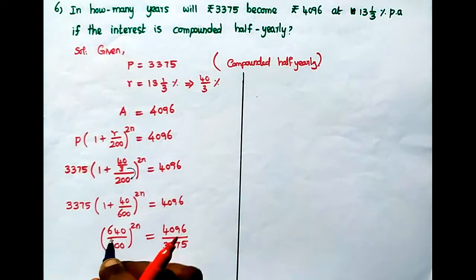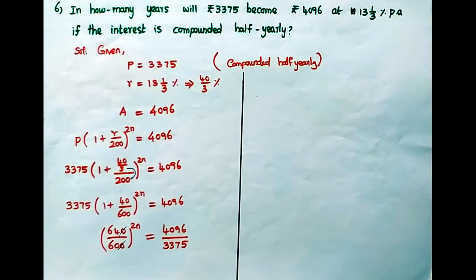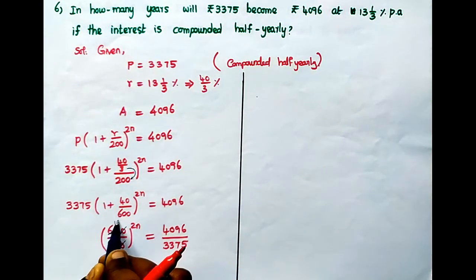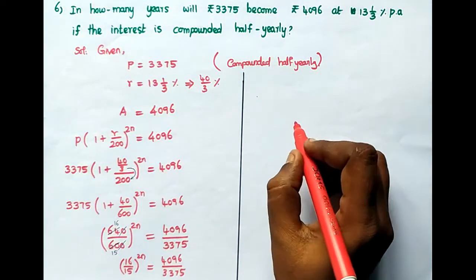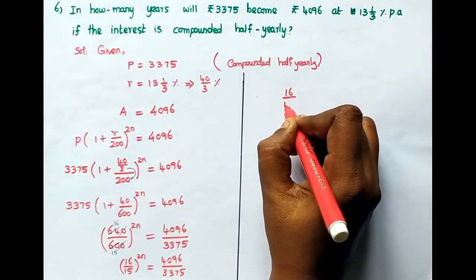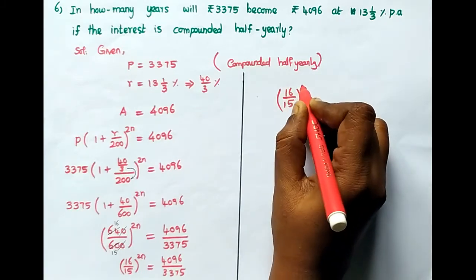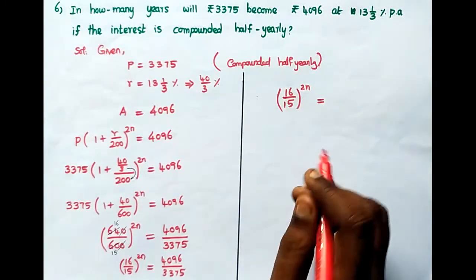Next step, 0 0 cancelled, and 64, 15 4s are 60, 16 4s are 64. So 16 by 15 power 2n equal to 4096 divided by 3375. Listen here, 16 divided by 15 whole to the power 2n, like the steps.